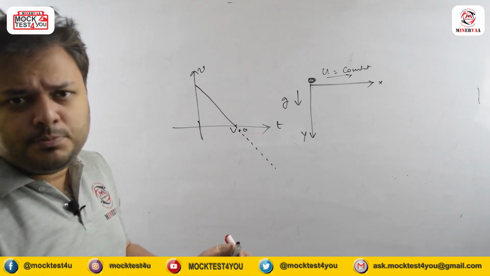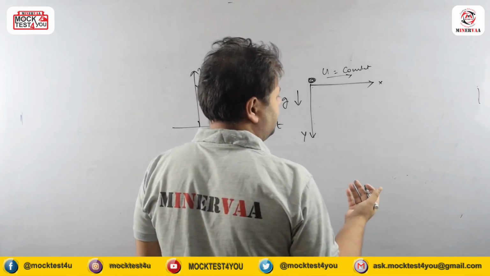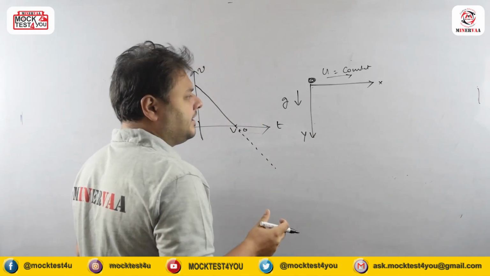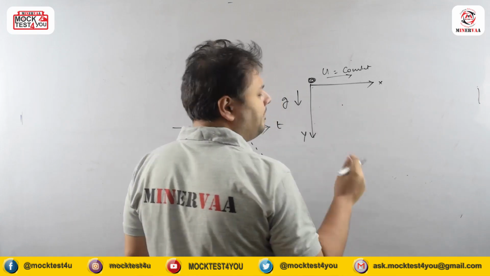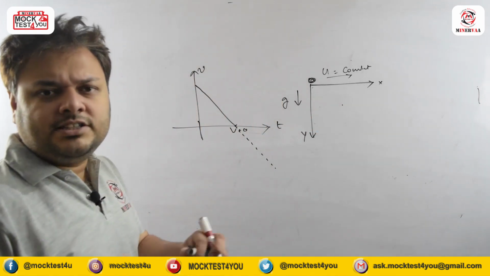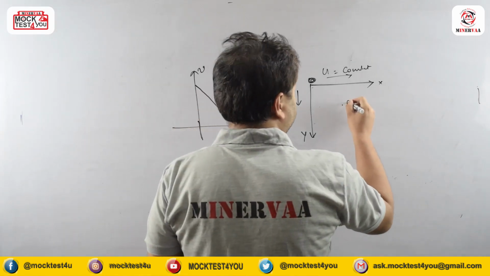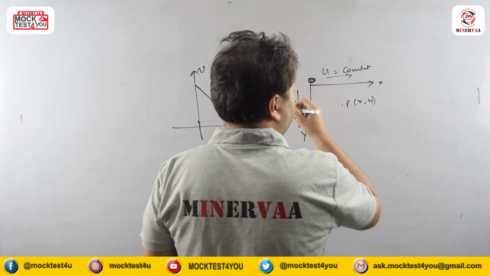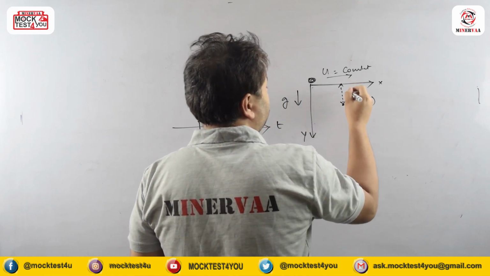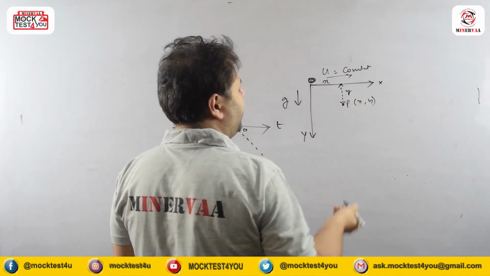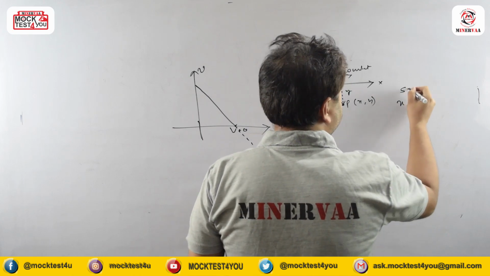One component should be along the horizontal direction and one along the vertical direction. So at a time t, it should have displacement in both the horizontal and vertical directions, and let that point be P, where the coordinate is xy.